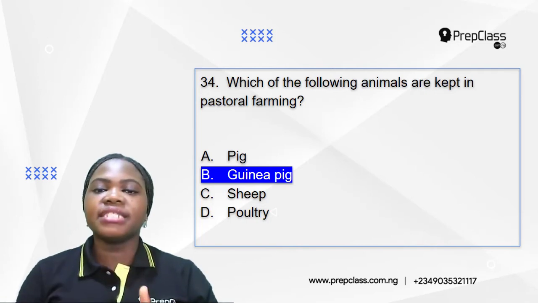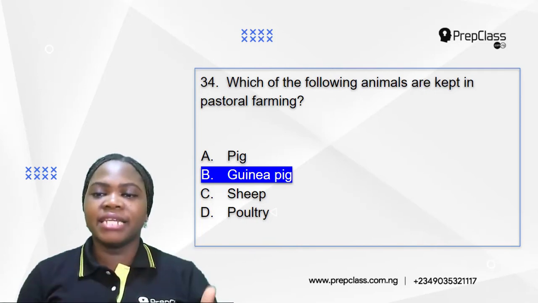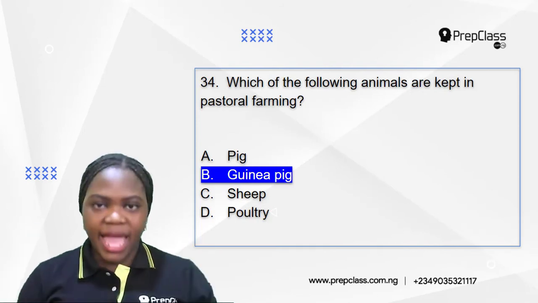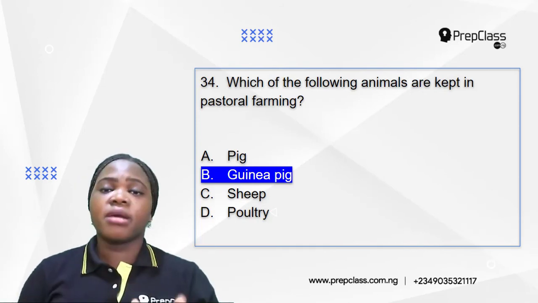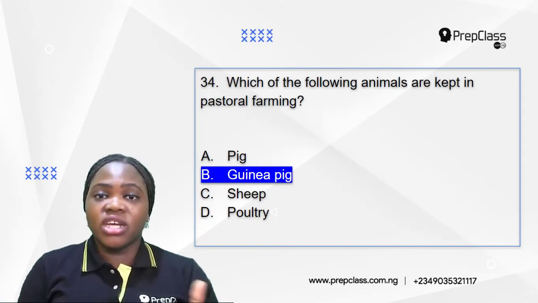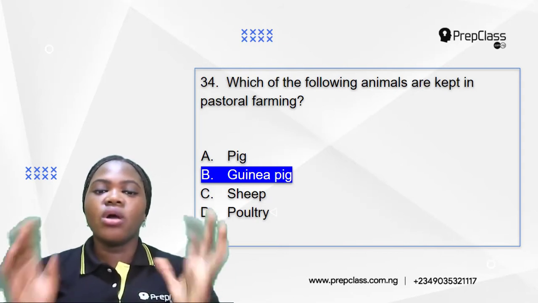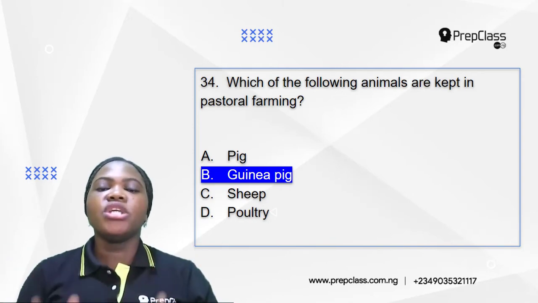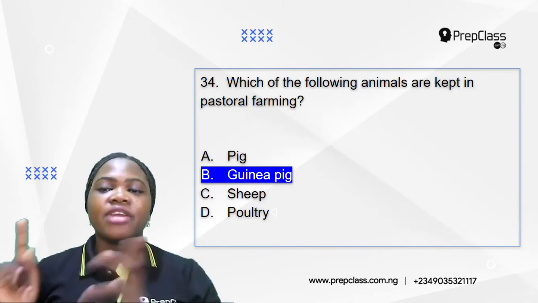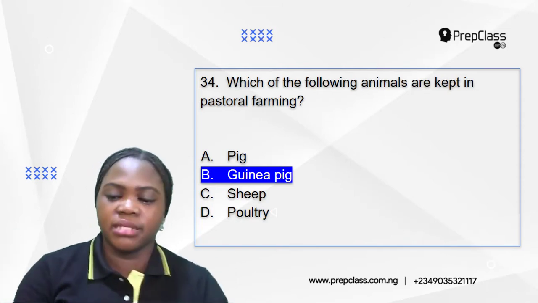It can be rephrased as which of the following animals cannot be kept in pastoral farming? Guinea pigs cannot be kept in pastoral farming because guinea pigs are rodents just like rats. So the option should be B, guinea pig. So the question should be which of the following animals cannot be kept in pastoral farming?